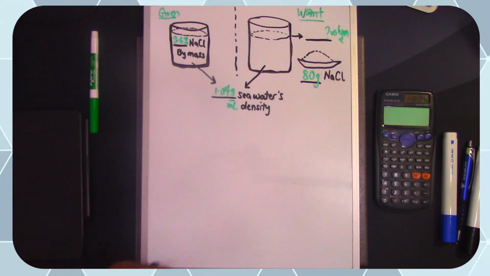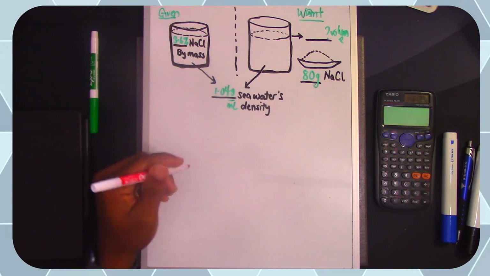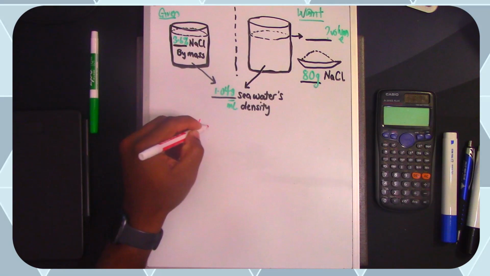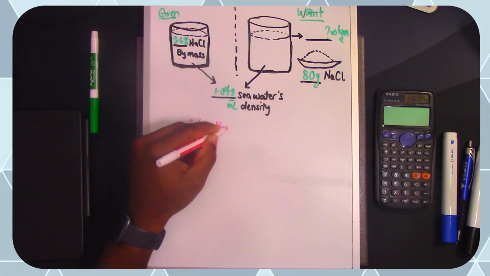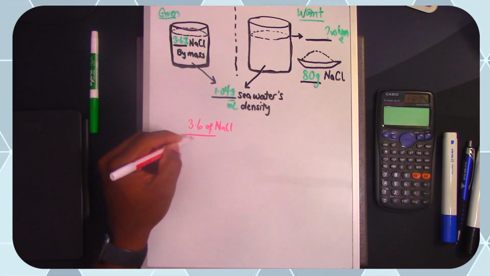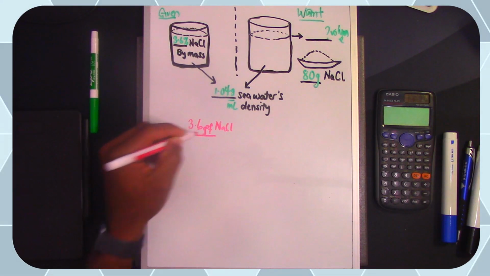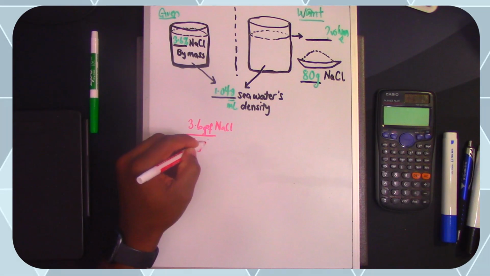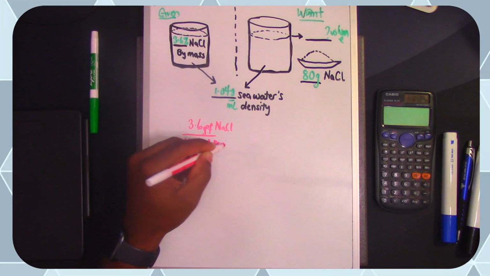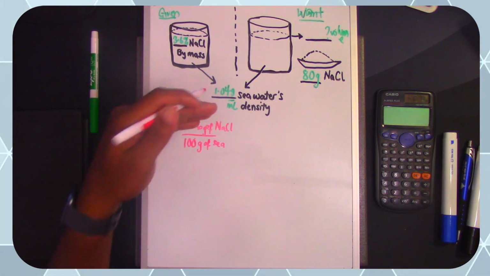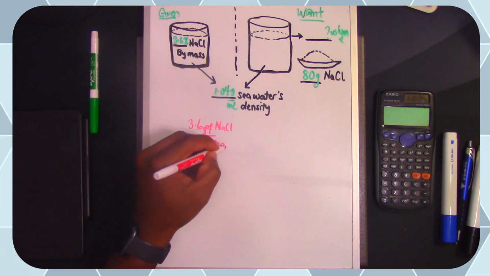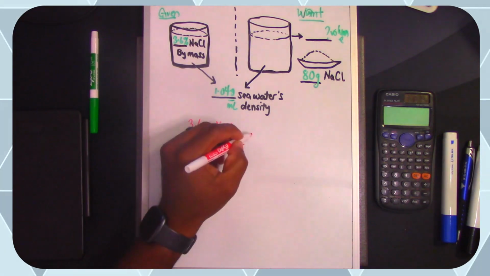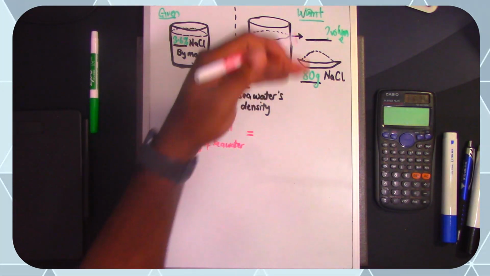The first step here is that since we have the percent biomass, which is 3.6 of sodium chloride in, let's say in this case biomass grams, in 100 grams of seawater, we need to have a ratio between sodium chloride and seawater, and this has to be equivalent to what is wanted.